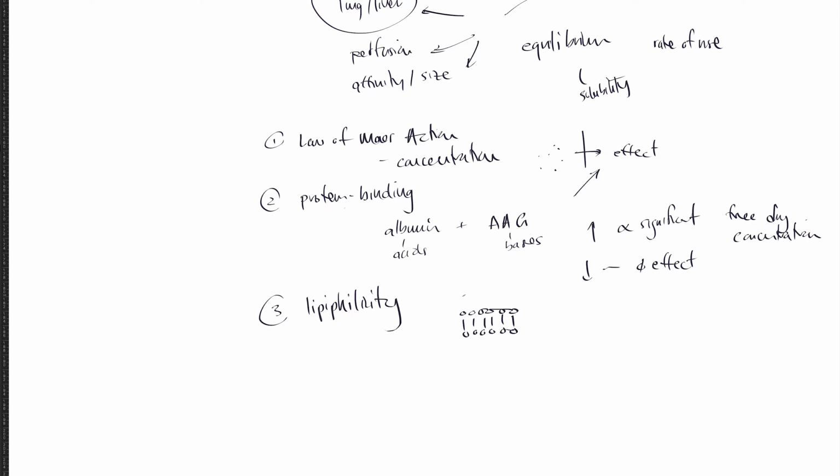Now, fatty drugs are able to cross more easily through passive diffusion because they can be attracted to the inner fatty part of the lipid bilayer. Watery drugs, or hydrophilic drugs, aren't able to pass through, at least through passive diffusion.